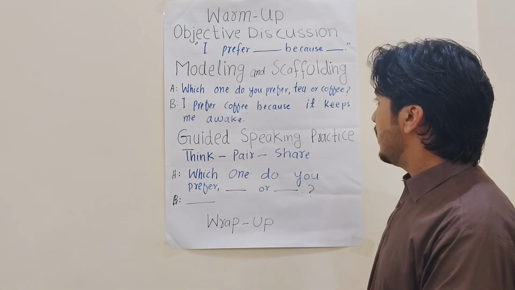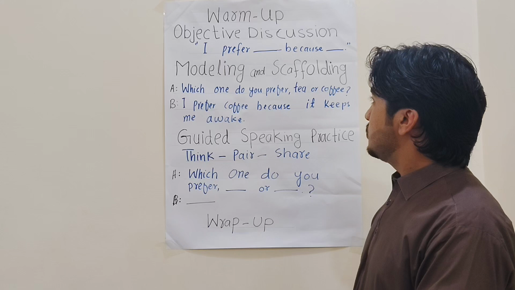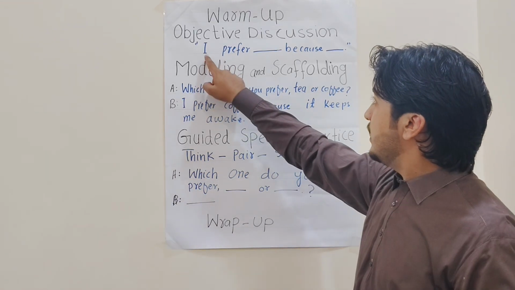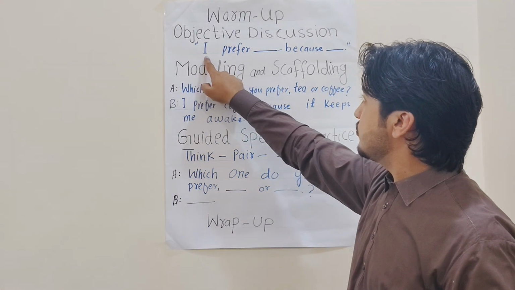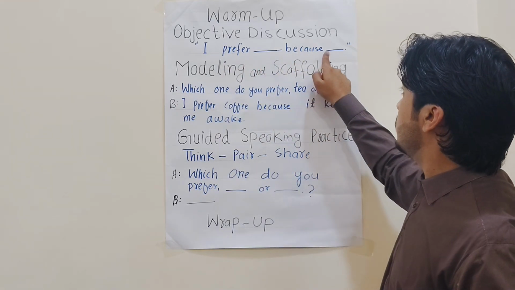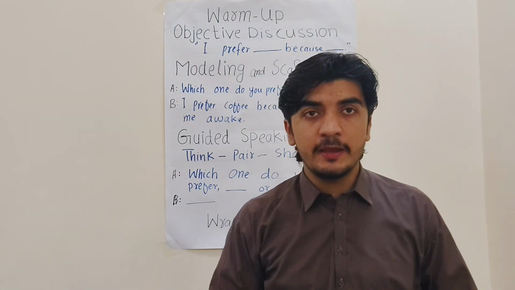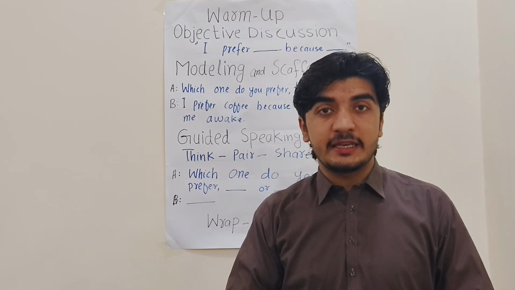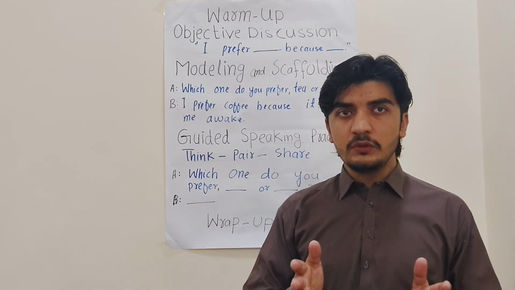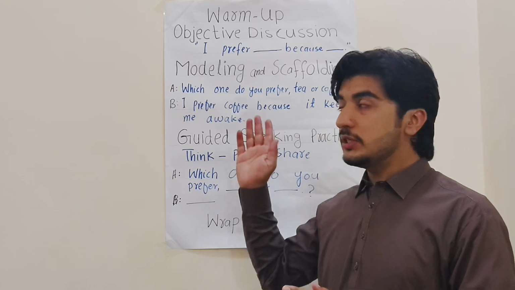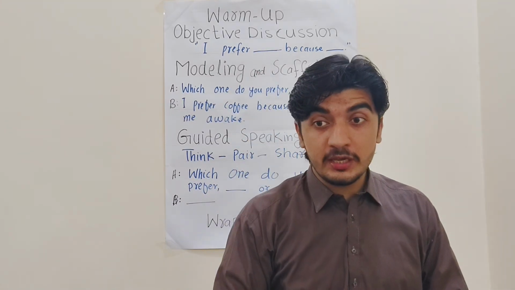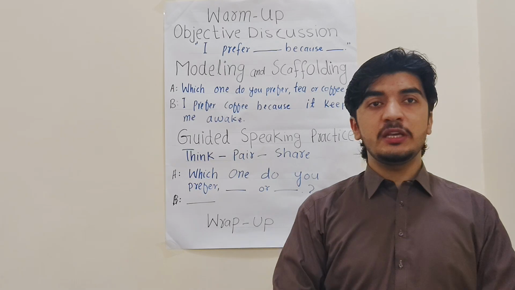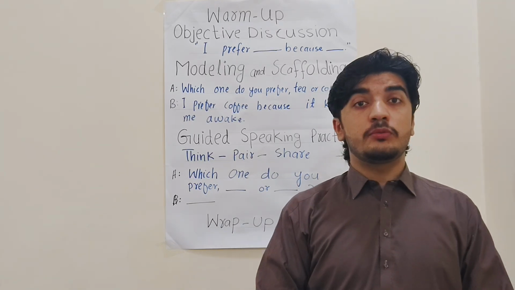So now I want you to practice a bit. I have written this structure: I prefer dash because dash. So you like something and why you like it. Now it's your turn. You will use this structure in your speaking, and you will talk about your preferences.